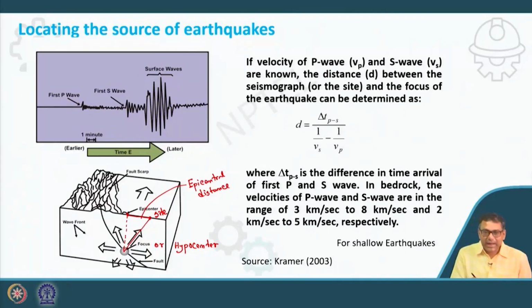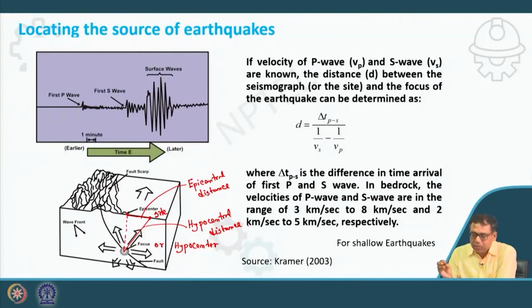The distance between the site and the hypocenter is called the hypocentral distance. So it is clear what epicentral distance and hypocentral distance are. The focus or hypocenter is below the ground surface and the epicenter is on the ground surface.